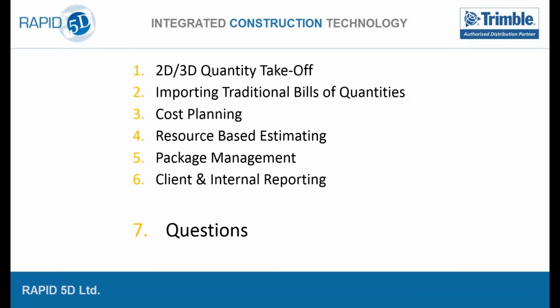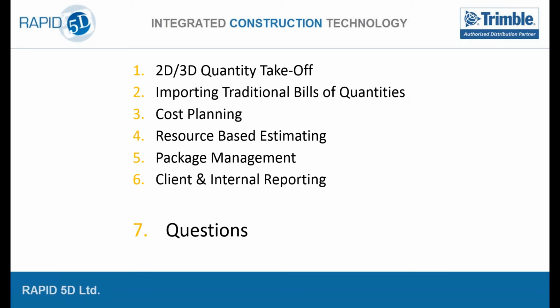So today we're going to look at, to start with, 2D and 3D quantity takeoff. This is going to be a very brief summary, so for those of you who are interested in learning more about this, I'd suggest going back and looking at one of the past seminars where I focus on it in a bit more detail. Then I'm going to take an existing traditional bill of quants and bring that into Vico from Excel.